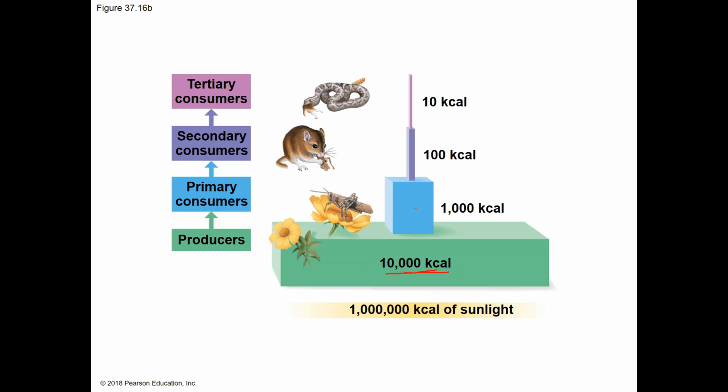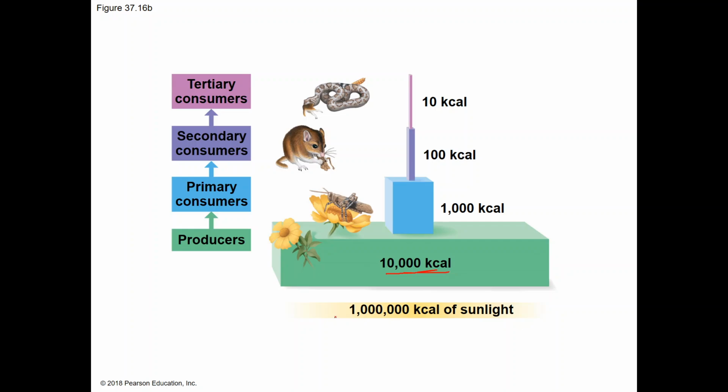Each tier of this pyramid shows what is available to the next trophic level of this food chain. And the width of each of these tiers indicates how much of the chemical energy of the tier below is actually new biomass that's available to be eaten by the next trophic level.